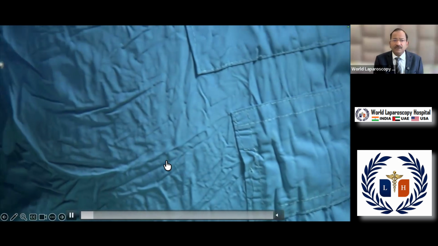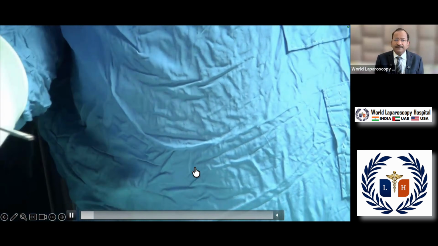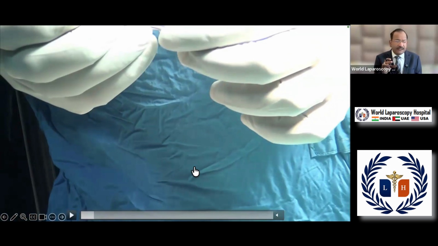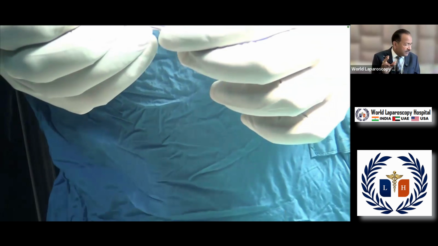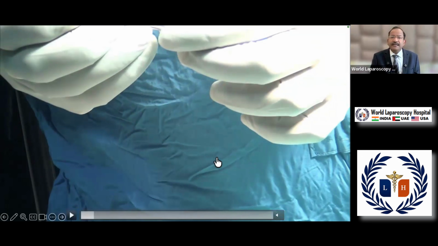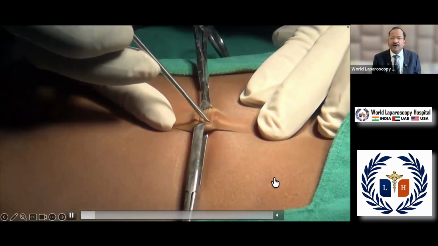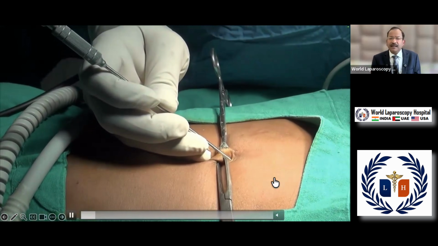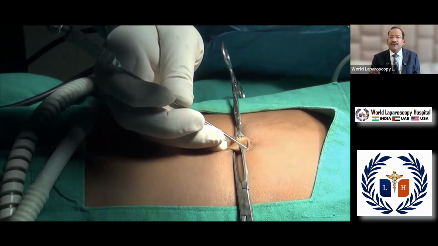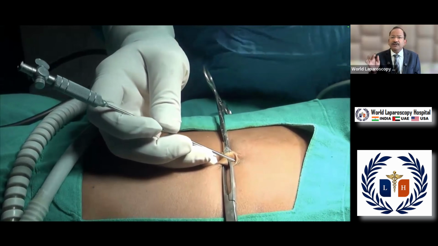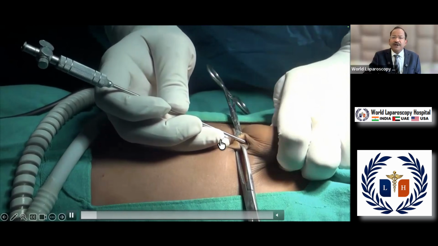Remember, the Veress needle is also available in 4 lengths: 8 centimeter, 10 centimeter, 12 centimeter and 20 centimeter. This is a 20 centimeter Veress needle I have here, for a bariatric patient. In pediatrics you will use only the 8 centimeter Veress needle, and you will put it into the wound, and after that you will lift the abdominal wall with your thenar eminence and all 4 fingers.